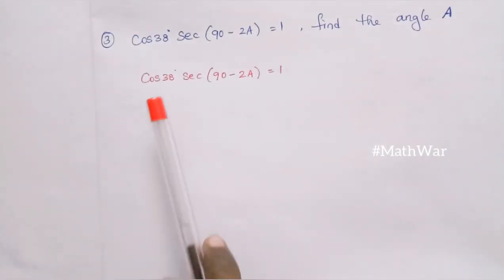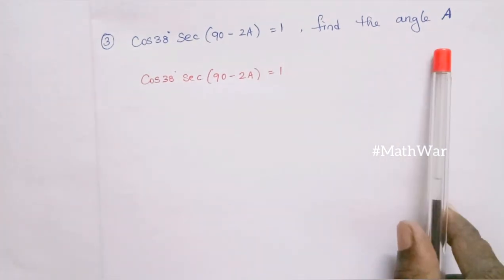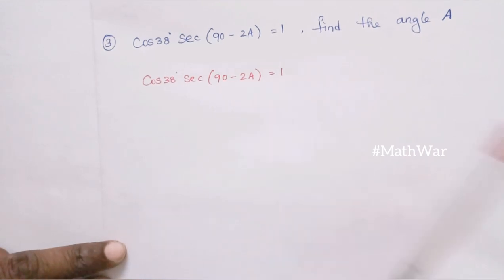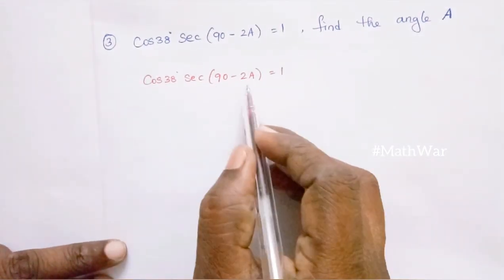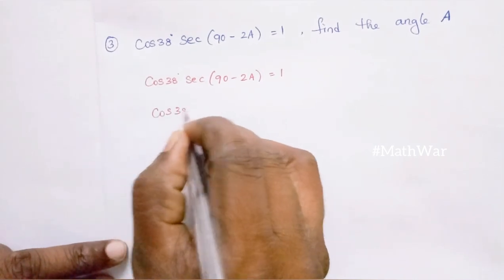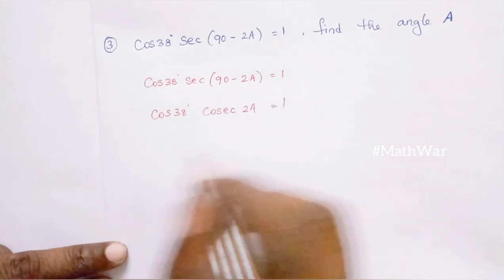Given that cos 38 degree into secant of 90 minus 2A equals 1, find the angle A. So we have cos 38 degree into secant of 90 minus 2A equal to 1. Secant of 90 minus theta is nothing but cosecant theta. So cos 38 degree into cosecant 2A is equal to 1.